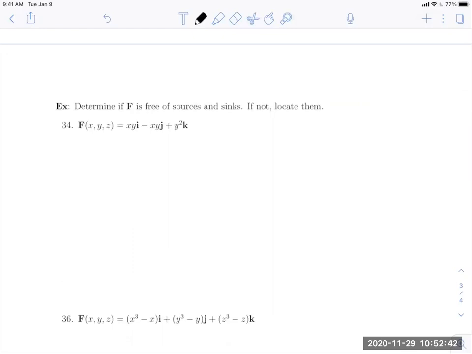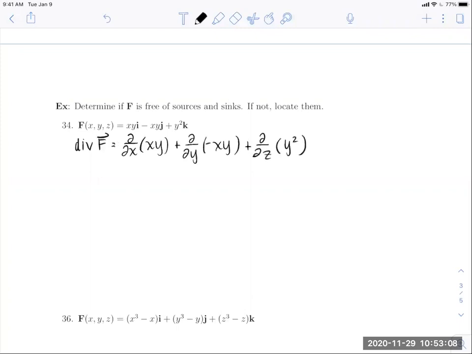So we want to start by computing the divergence of F. Just as a reminder, this is the partial with respect to x of the first component function plus the partial with respect to y of the second component function plus the partial with respect to z of the third component function.